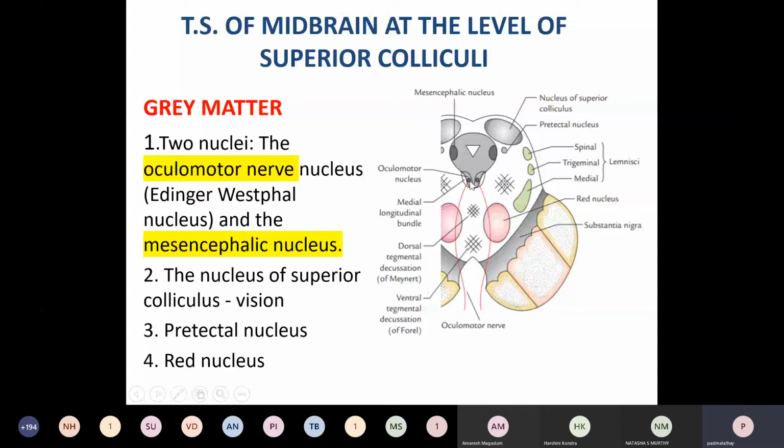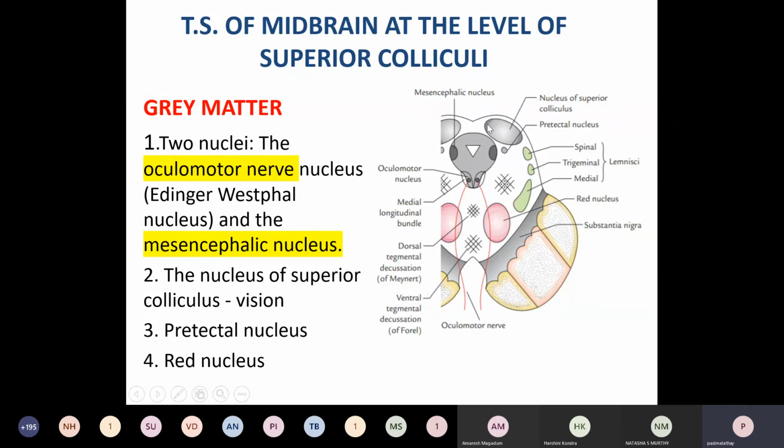The fibers arising from the oculomotor nucleus run ventrally, crossing the red nucleus, and emerge through the ventral surface of the midbrain. So these are the fibers which are emerging. There is no decussation or crossing like the trochlear nerve, so they emerge on the same side.